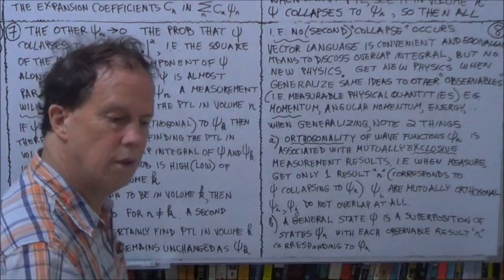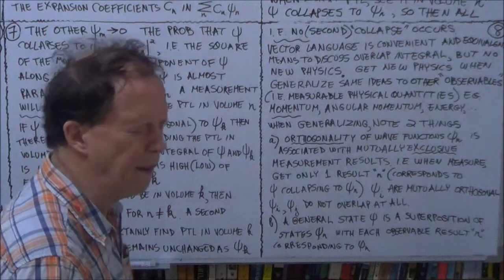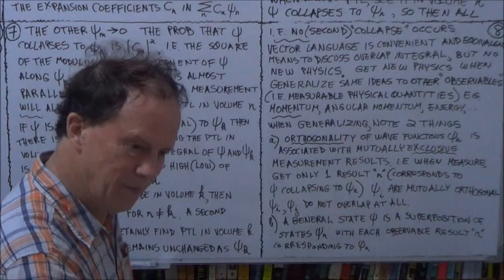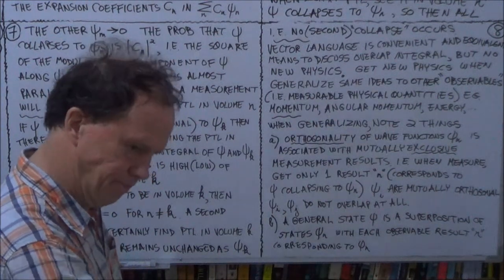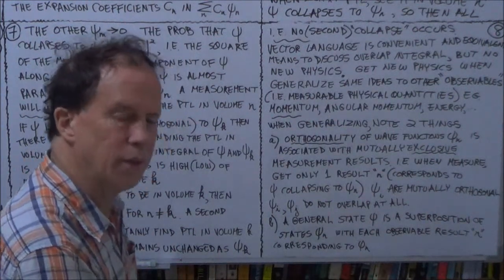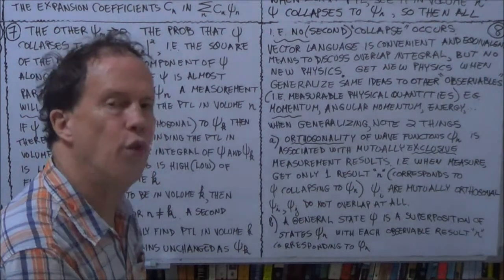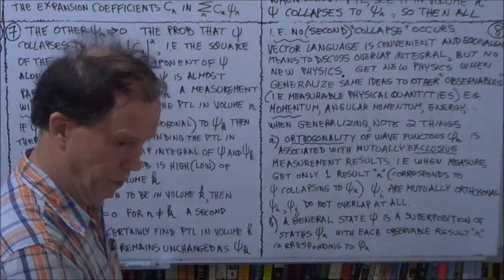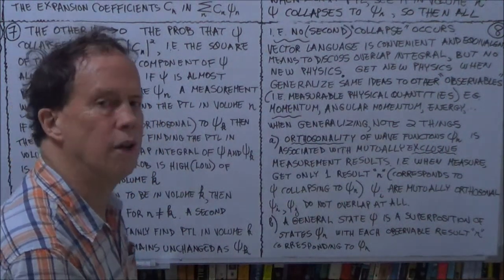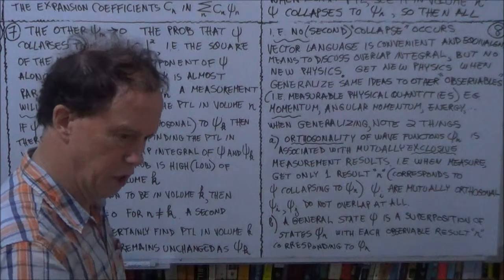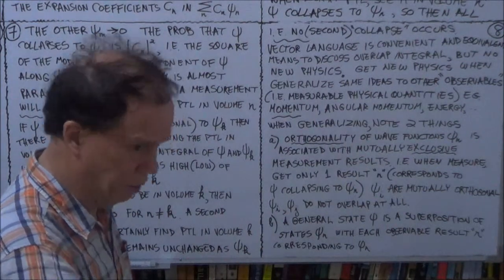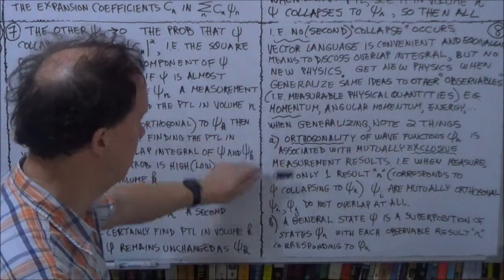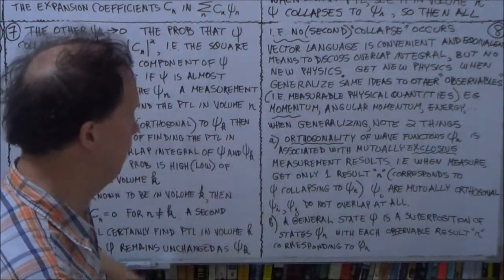The wave functions that you get after the measurement are orthogonal. The overlap integral of the wave function that you get will be orthogonal to any other, and that's essentially what point A is saying.